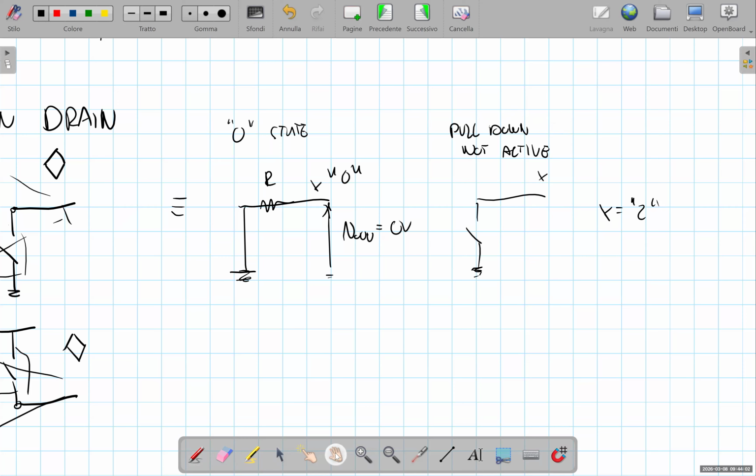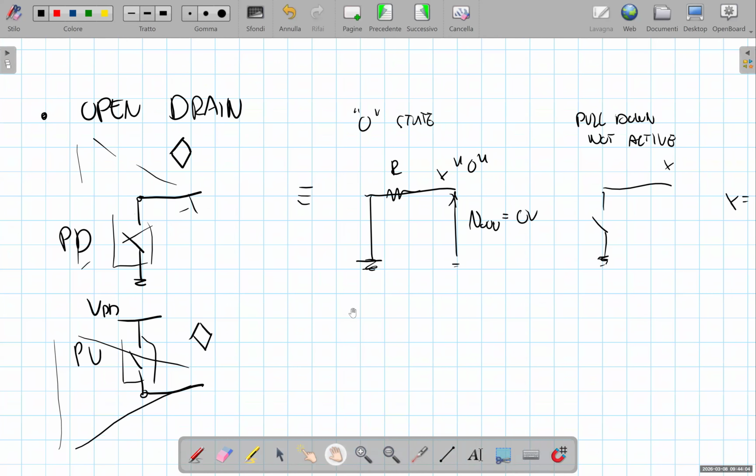Clearly, if we want to use this gate as a true digital gate, suitable also to force a high logic level at the output, we need to add something externally that forces the high logic level, and this is the pull-up resistor.